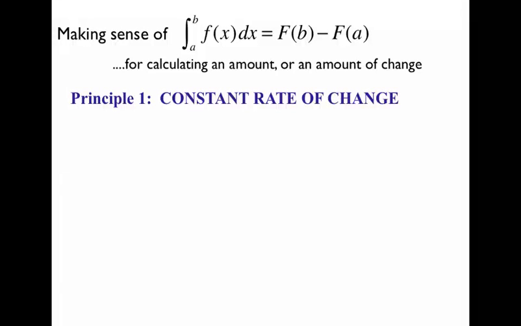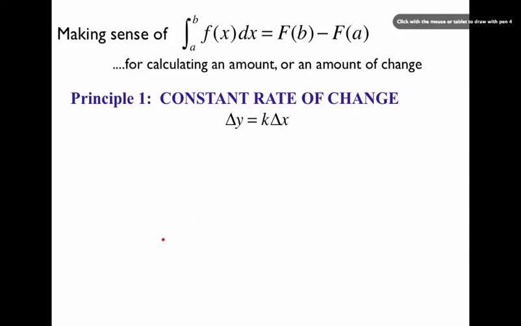And principle number 1 was constant rate of change. Delta y equals k delta x. And this is just the idea of if you're going 70 miles per hour on the highway and you've got your cruise control set at 70 and you go an additional half an hour, we know that you will travel how far? 35 miles.